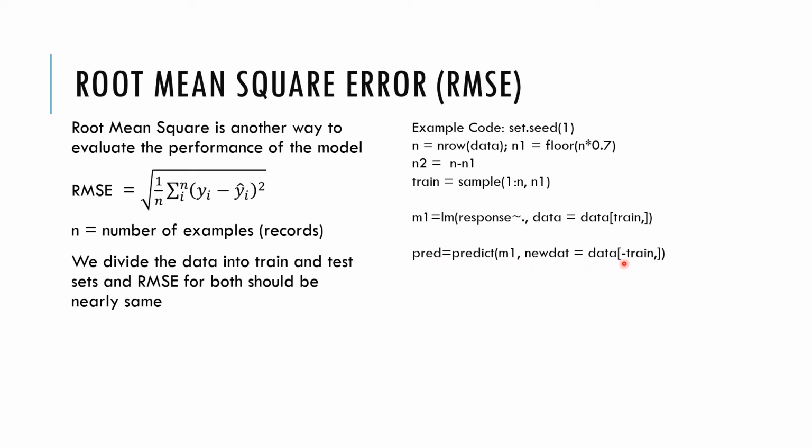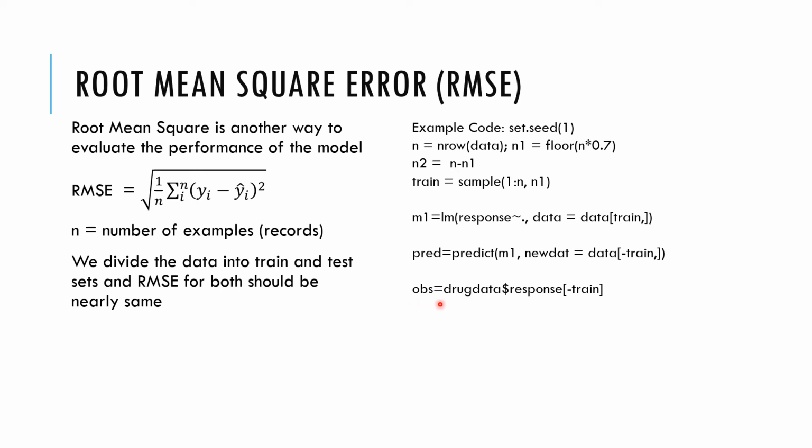And new data is again train, but with a minus. Train is the index for the training data, and minus train will become the indices for the test data, right? So that's why we put the minus. So we are predicting the values of the test data here using the predict function.